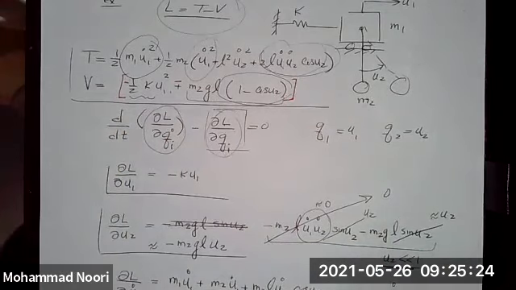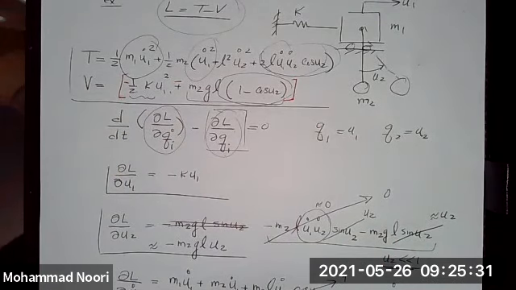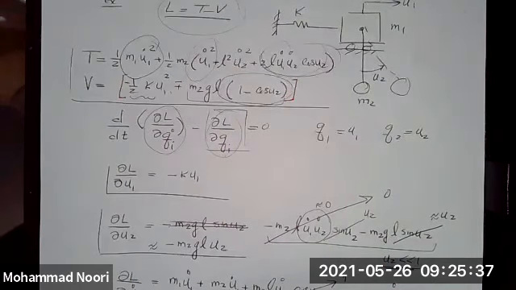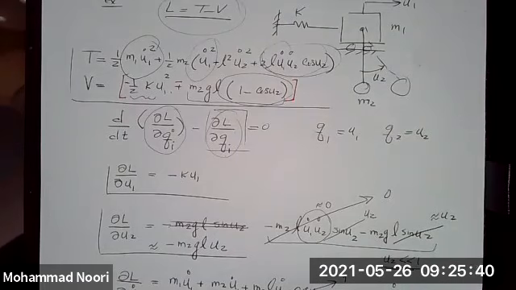And again, if U2 is small, this is equal to 1, so this would be simplified as M1 plus M2 times U1 dot plus M2 L U2 dot. So that's that velocity term, okay?